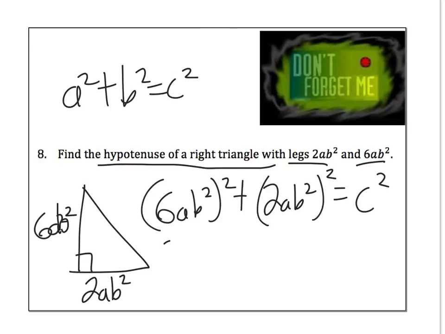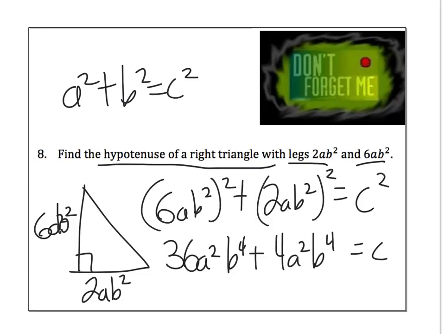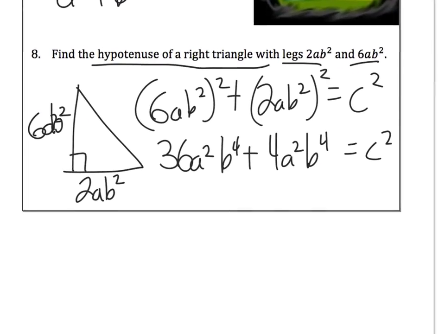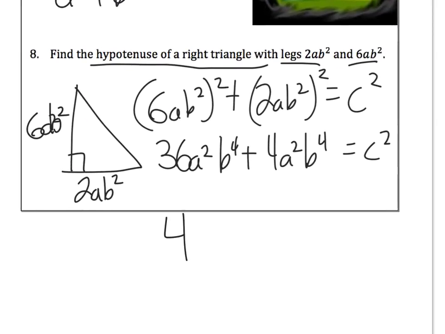So this would be 36a squared b to the fourth plus 4a squared b to the fourth equals c squared. So I can put these together: 40a squared b to the fourth. Notice I did not put together the a squared and the b to the fourth.